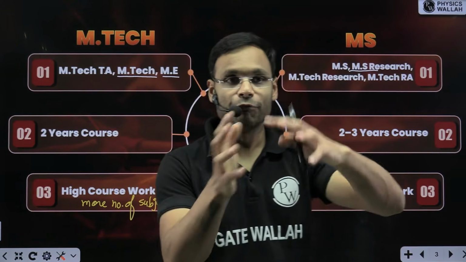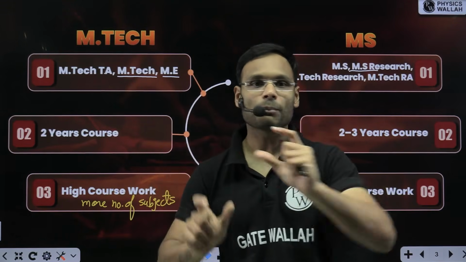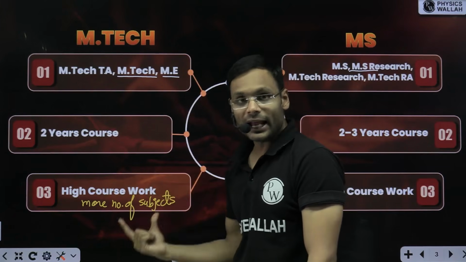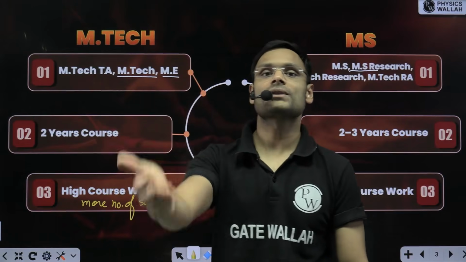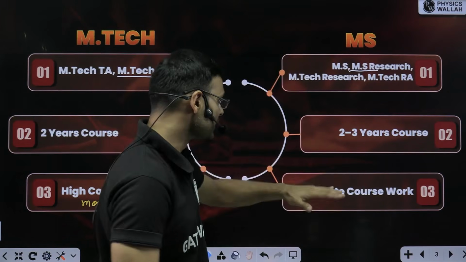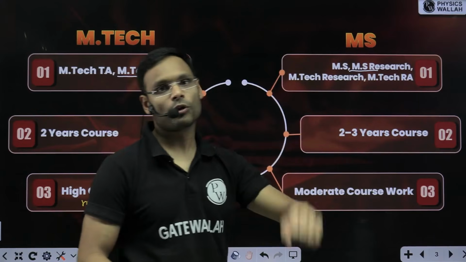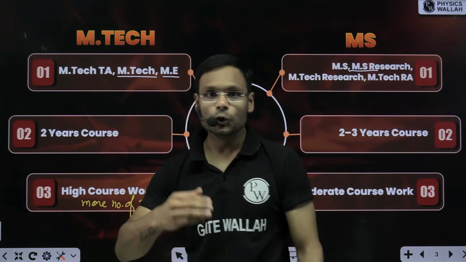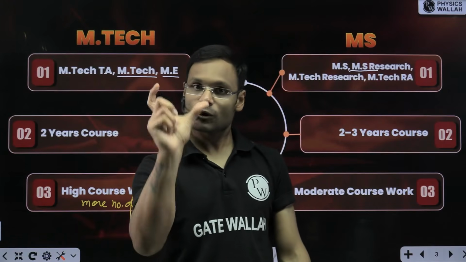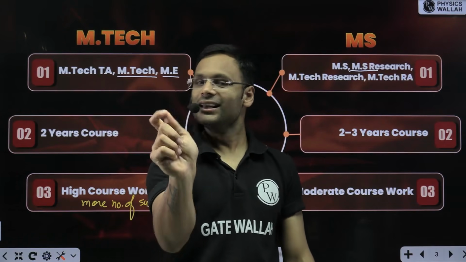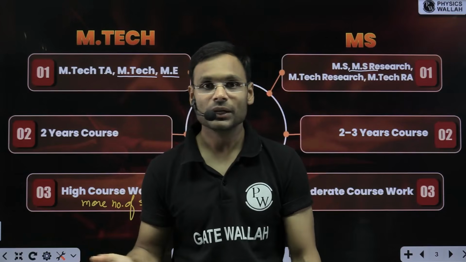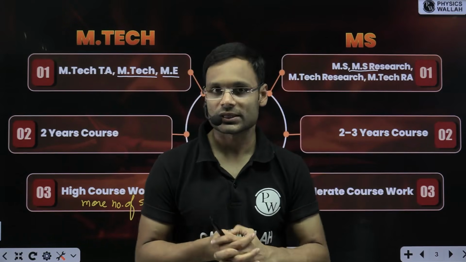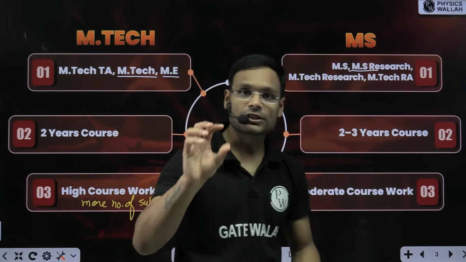Every college has its own criteria, per semester 5 or 4 courses you need to complete. In MTech, you will have more subjects. In MTech research, you will have fewer subjects. Why? Because here you will do your master's on one particular topic for a little duration, which is the second year. But in the first year, you will study a lot of different courses. MS is purely research work.